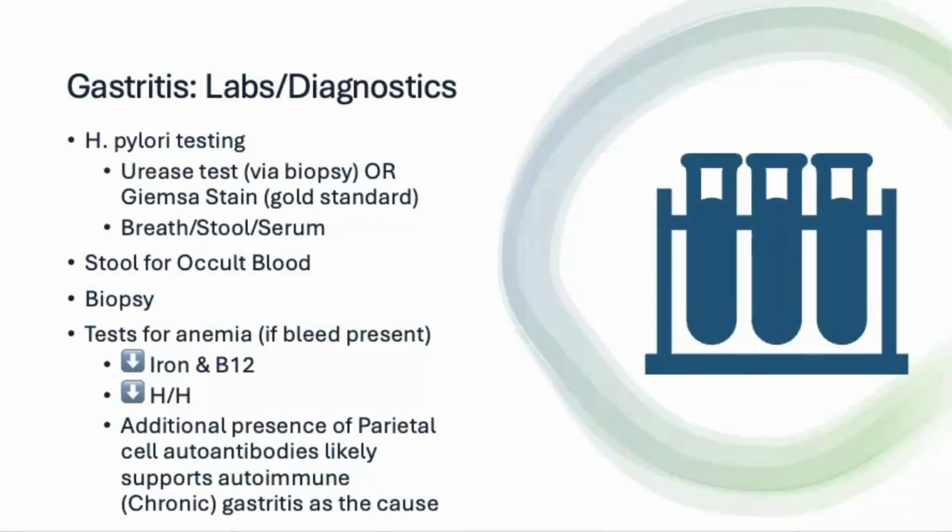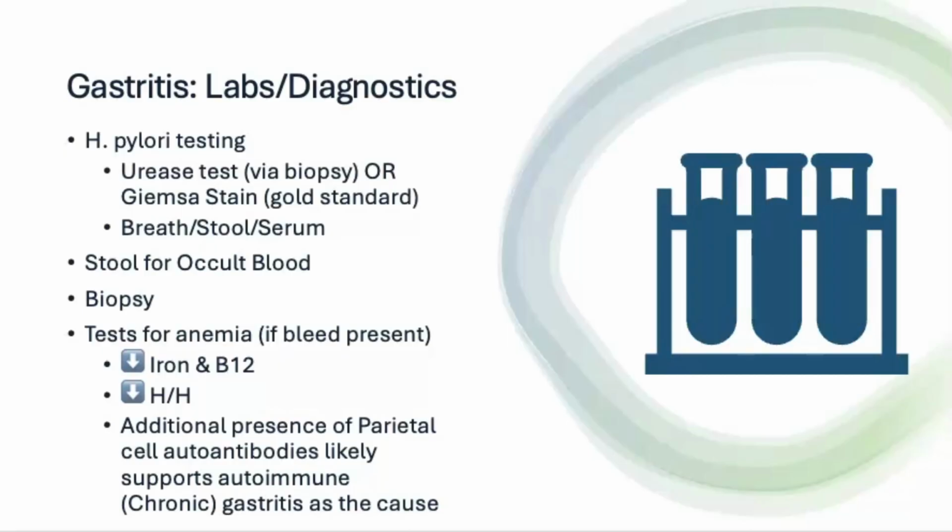When we are looking to diagnose gastritis, there's several ways of testing for H. pylori. One is through a biopsy, and there's actually two different ways via a biopsy to do that. The first one is the urease test.